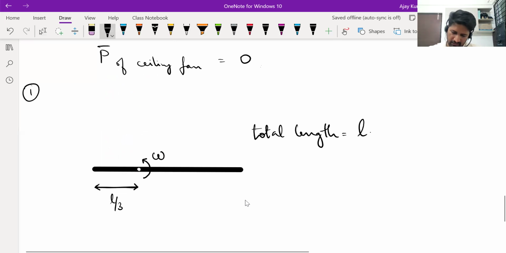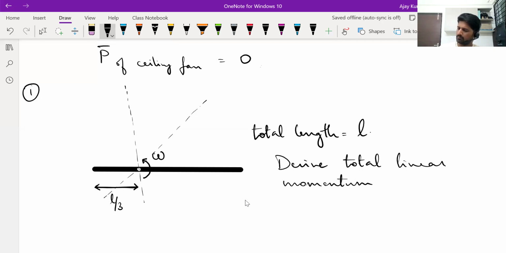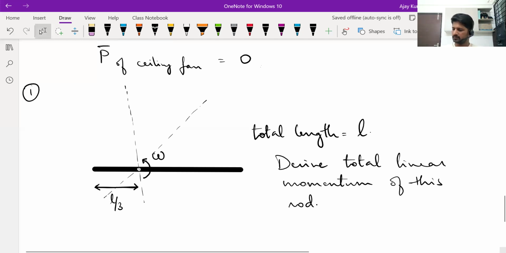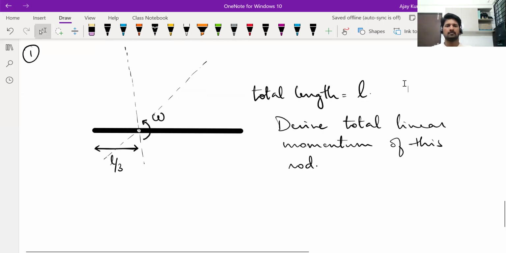At some instant later, the rod will be in this orientation. Some more time later, the rod will be oriented like this, and so on. That is how it is rotating. Calculate the total linear momentum of this rod. Think carefully and solve.